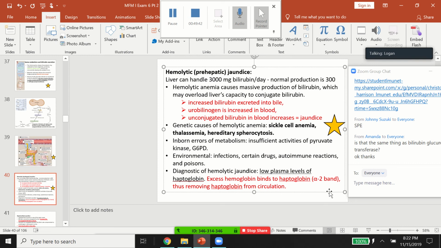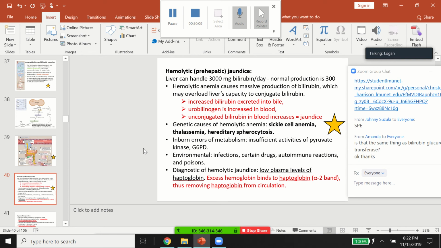Haptoglobin is measured via it being free and not bound to anything, kind of like we mentioned with calcium, where its active state is being free in the blood. So when you measure haptoglobin, you're measuring free haptoglobin, not haptoglobin bound to hemoglobin. If haptoglobin's low, that means a whole bunch of hemoglobin is binding to it, and therefore you probably have this prehepatic jaundice.